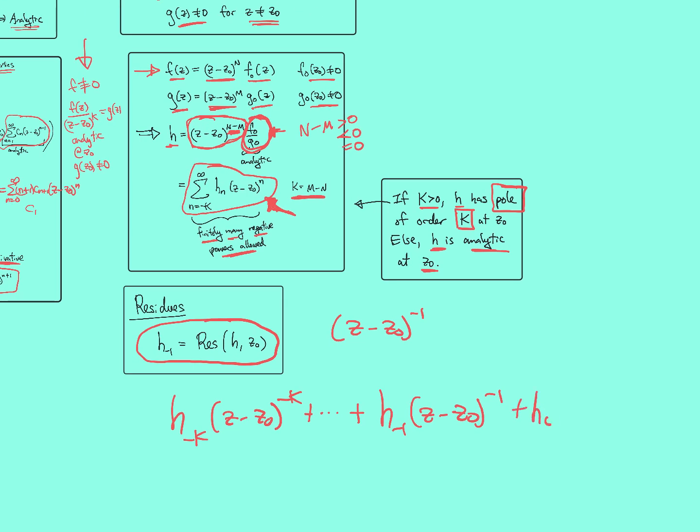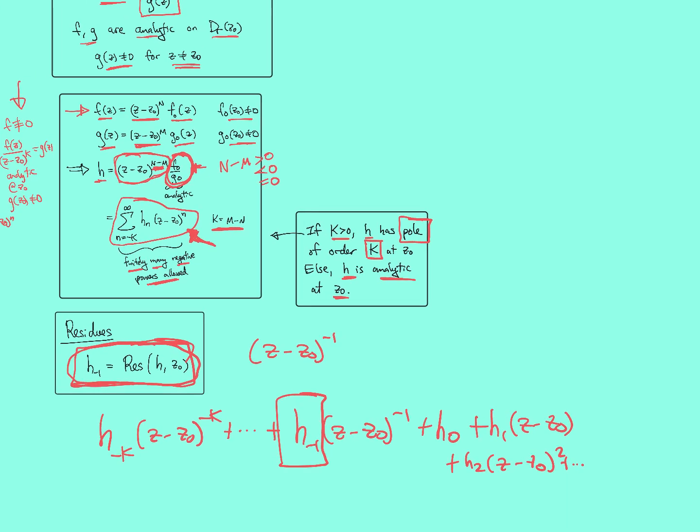And then maybe we have some just regular power series terms. But we give a special name to this coefficient. It's called the residue of h at z naught. And it plays an important role in various theorems to come, the residue theorem. And it's important because it's kind of a compositional invariant in some sense. But for right now, you just have to kind of take it at face value that we call this coefficient the residue, and you'll see why it's important later.